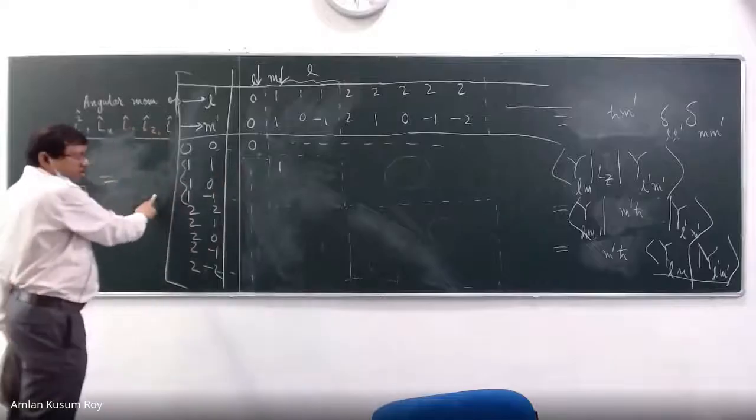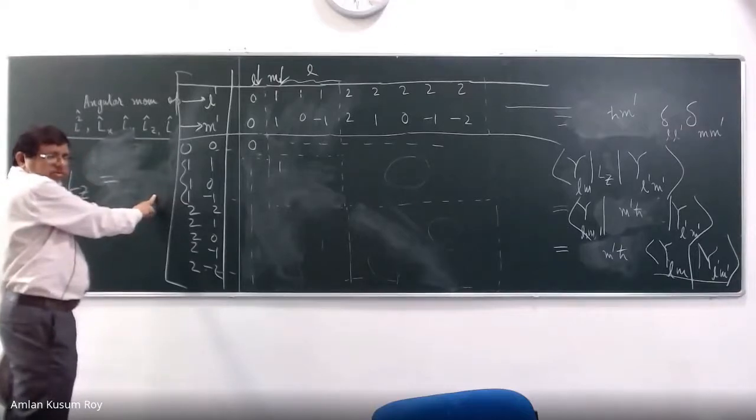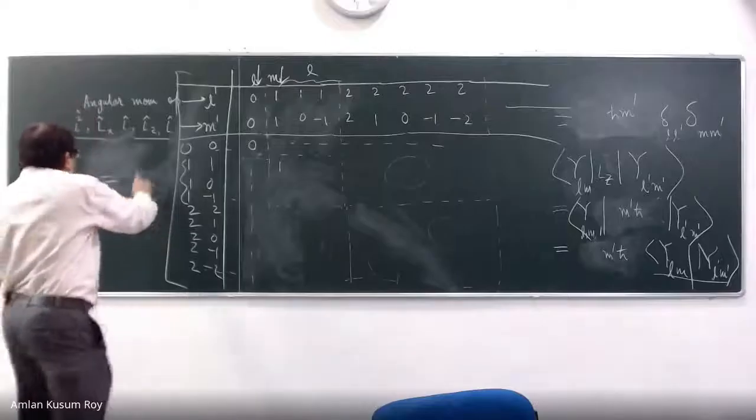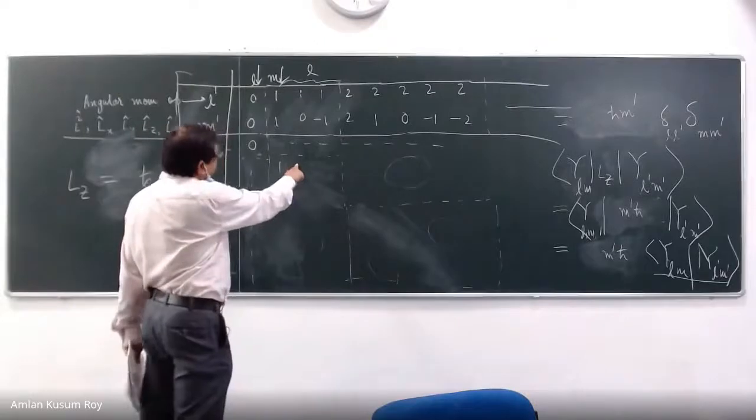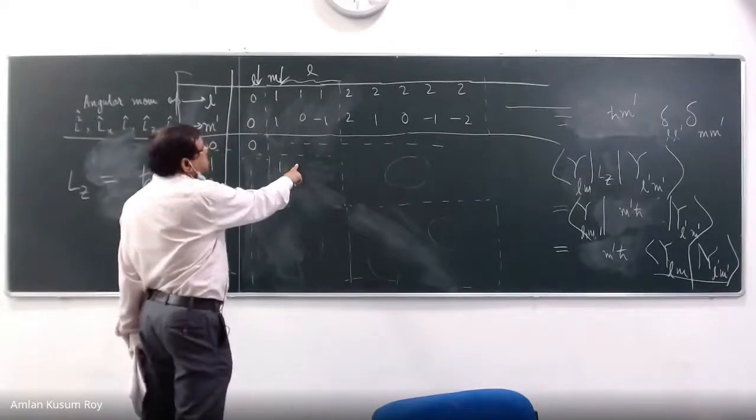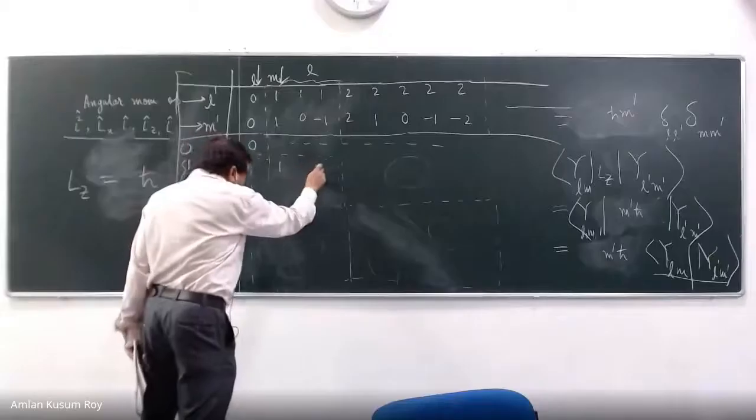Do I have to write anything over here? Yeah, H cross. That's very good. Then what do I write here? 0.